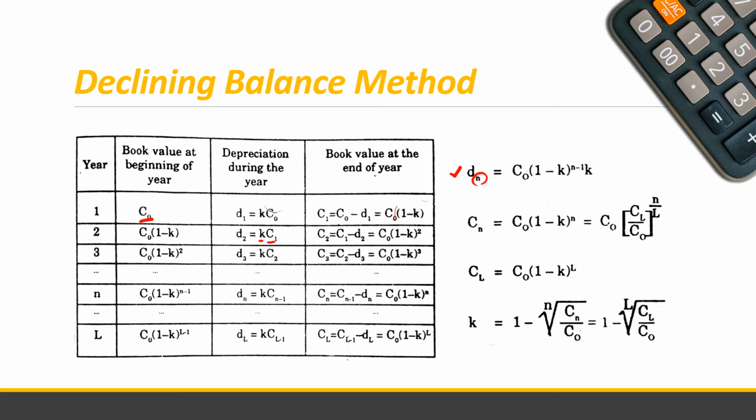Cn is equals to C sub O times 1 minus K to the n, or C sub O times CL over CO to the power of n over L, and CL is CO times 1 minus K to the power of L, where K is 1 minus the nth root of Cn over CO, or equals to 1 minus the Lth root of CL over CO. So root to the power of L.